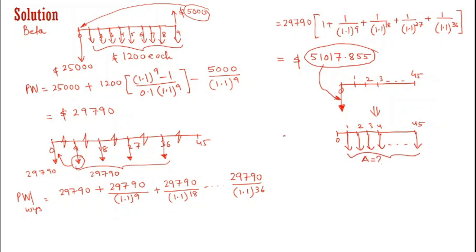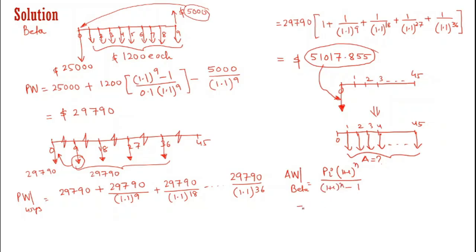Simply, if I convert this present worth into annual worth, it will be equal to P times i (1 plus i) to the power n upon (1 plus i) to the power n minus 1.